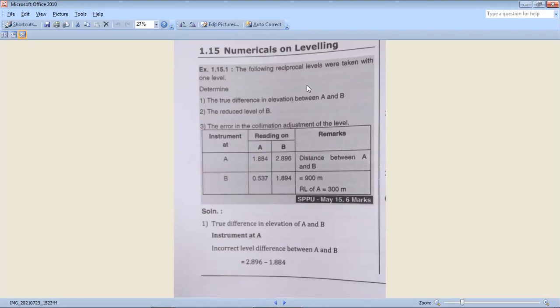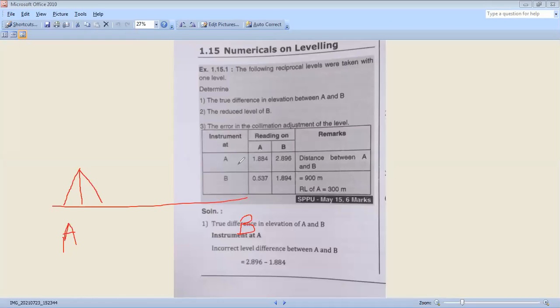So when your instrument is at A and your reading is at point A, how will it be? Like this, this is your one instrument, this is station point A, and this is your station point B. So these are the two instruments, meaning one instrument is there and it is shifted to point B. Now at first, you are taking the reading at point A, meaning your staff is at this point.